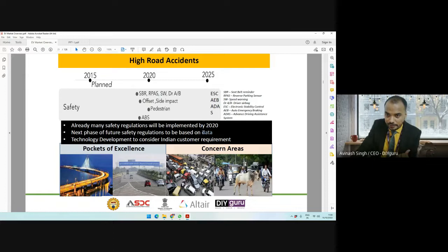Data will play a major role because through data only we can do predictive analysis, right? We can predict that this is the place where more accidents are happening, or maybe we can take care of that topography as well. There is a research from IIT Kharagpur.